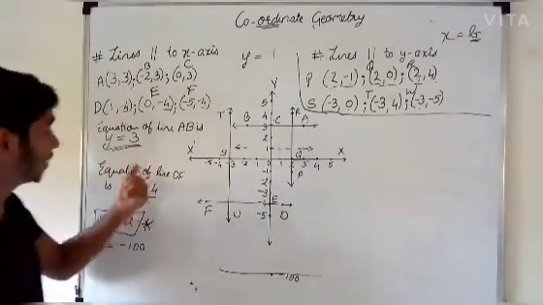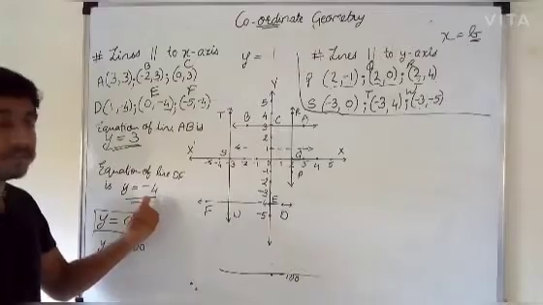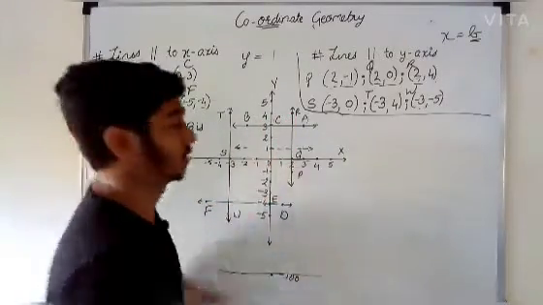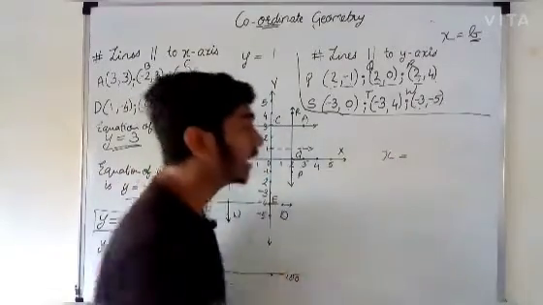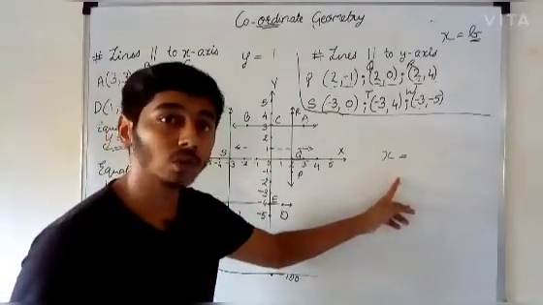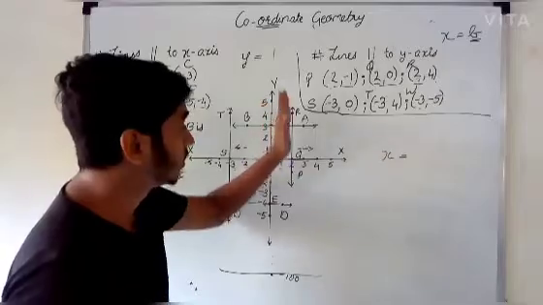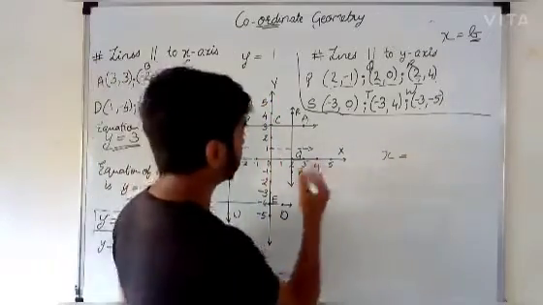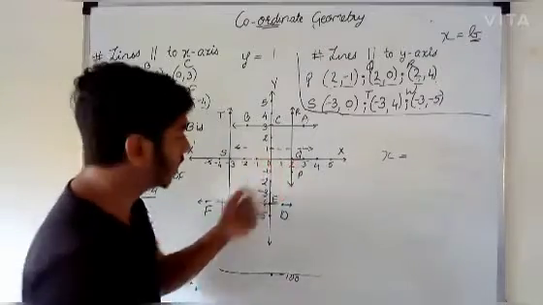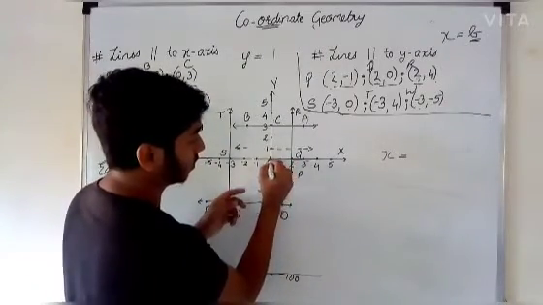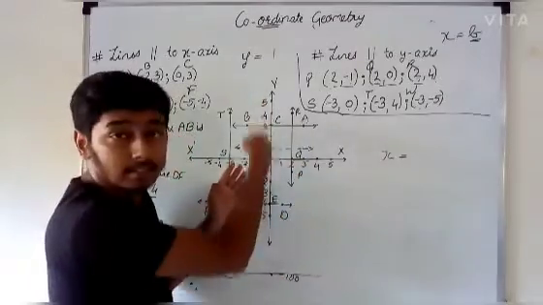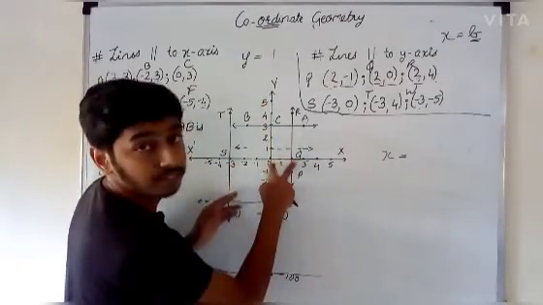Same way like this over here. Here X is equal to something. If I get only the X coordinate, I'll be able to get that this line is parallel to y-axis. So I need to get X equal. In this case, I can say X, this is 0. So this line is parallel to y-axis at a distance of 2 units.